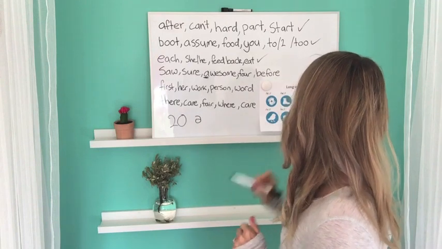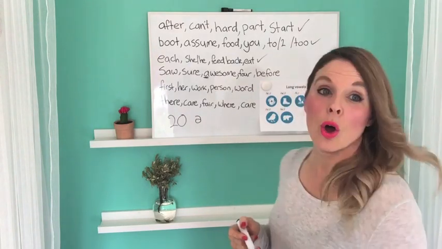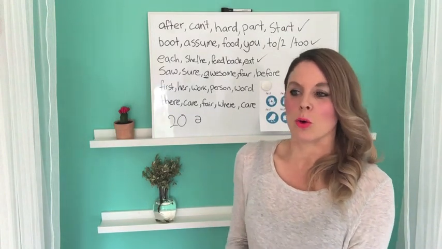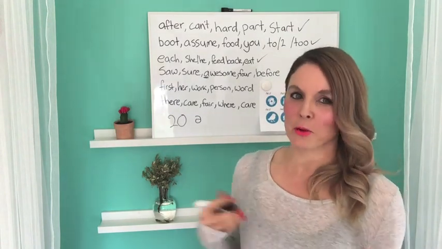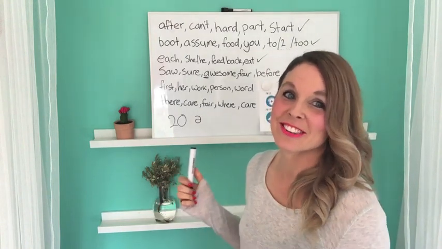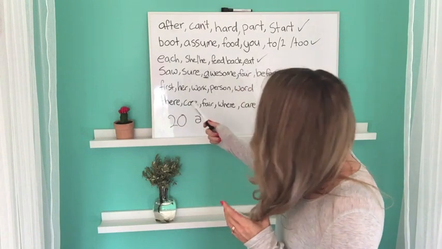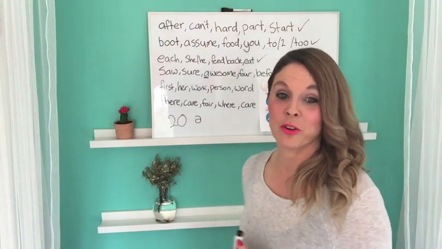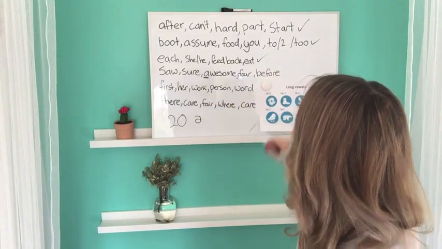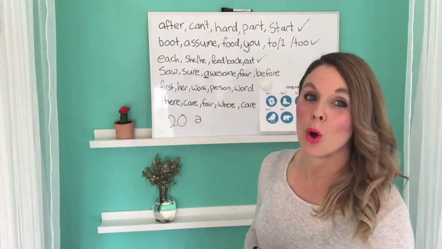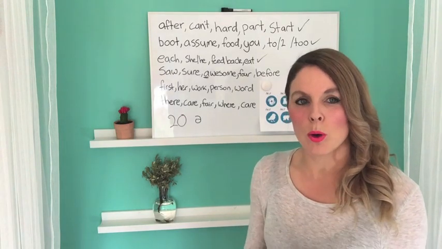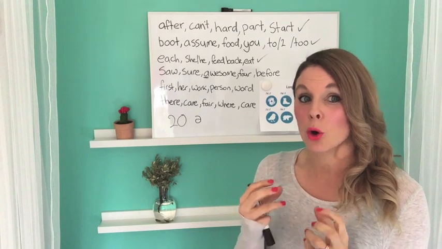So let's talk about the next one. Now, this one trips up almost every single person from every single language background. No one seems to have it in their native languages except for English. Actually, let me know if you do have that in your first language, I'd be very interested. So I've used the symbol for a bird, and you can see when I say that, my lips come forward and my mouth does open a little bit.